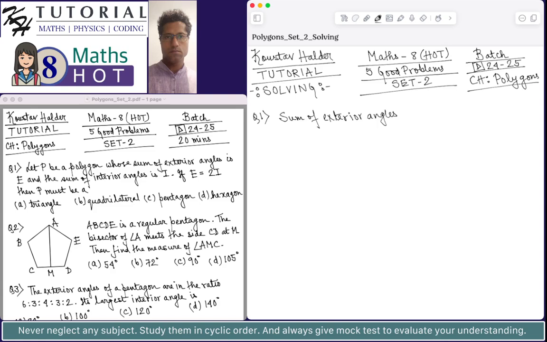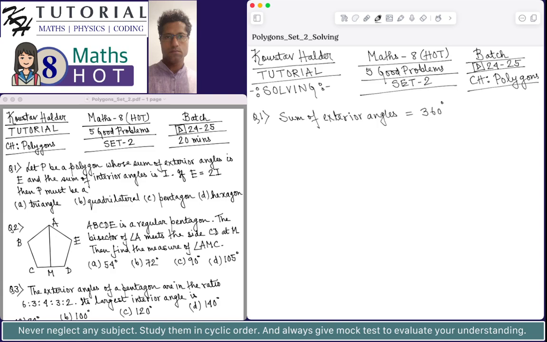So the sum of exterior angles of a polygon with n sides we know is equal to 360 degree. We know that for a polygon of n sides, the sum of the exterior angles is always equal to 360 degree.